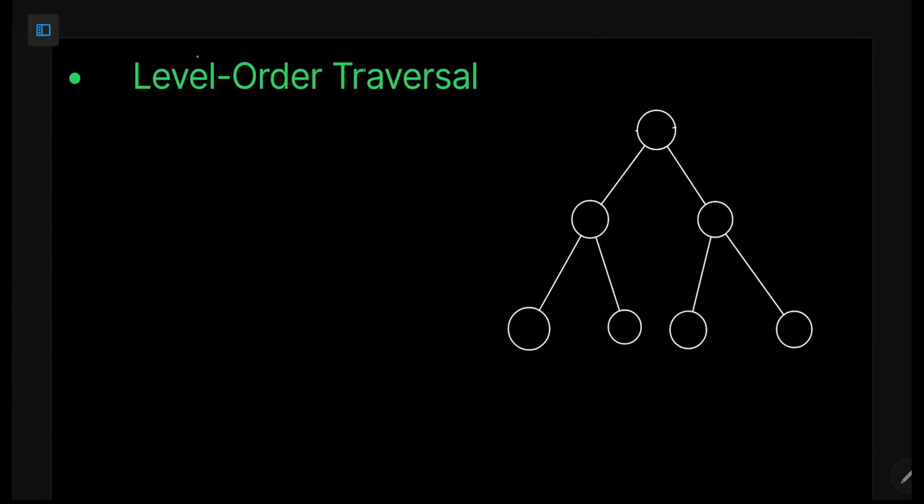Hello, in this lecture, I will discuss level order traversal. In level order traversal, there is a binary tree, and this is the root node. At every level, this is the 0th level, this is the 1st level, and this is the 2nd level.